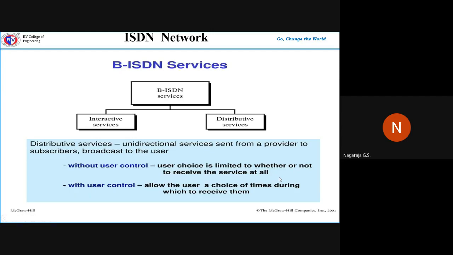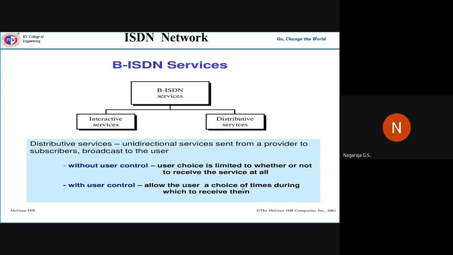Then the second one is with user control, which allows the user a choice of times during which to receive them. That is another kind of control you have relating to distributive services.